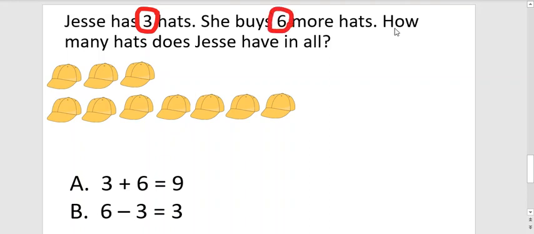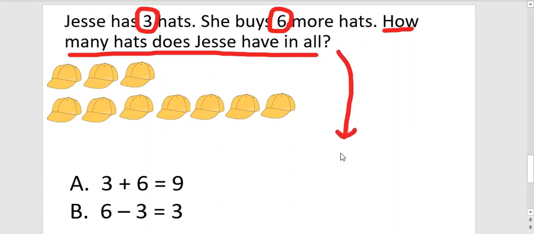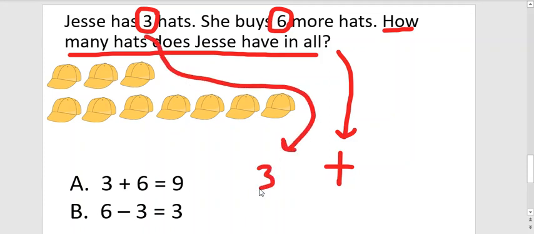Now my problem is asking me to find how many hats does Jessie have in all. Remember, how many in all means addition. So I'm going to put my addition sign, and I'm going to bring down my first number that I circled, and that's number 3. And then I'm going to bring down my second number, and that's 6.